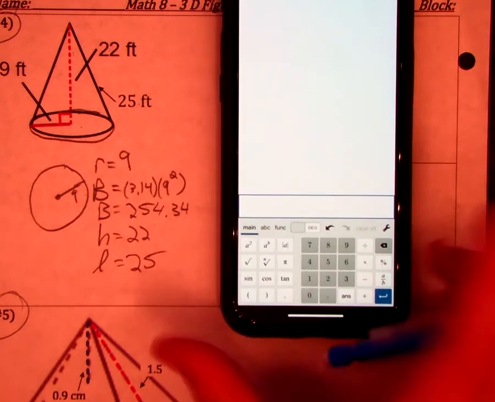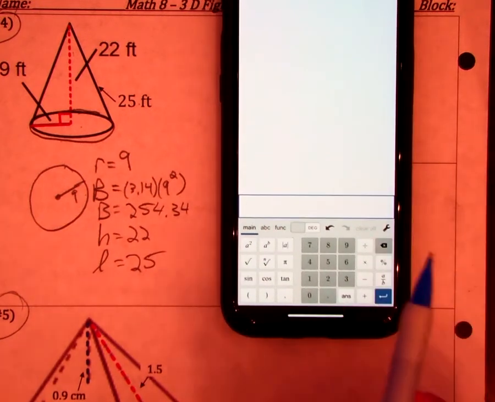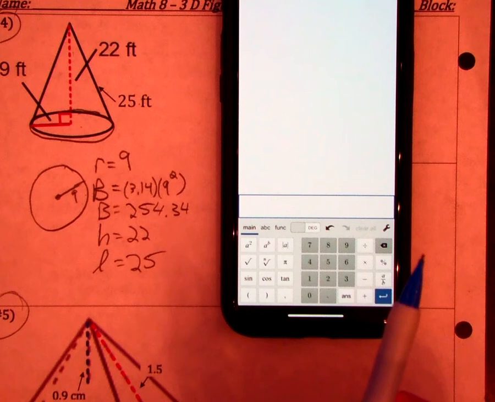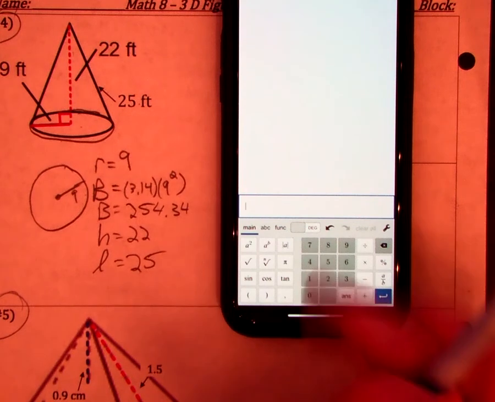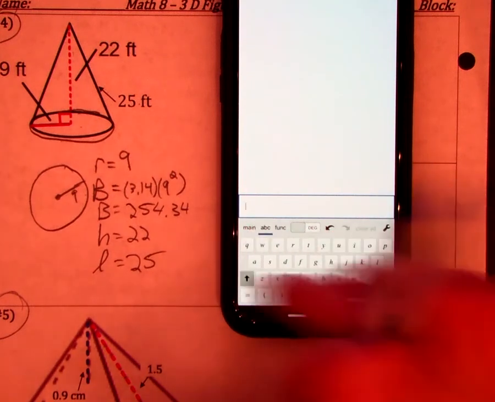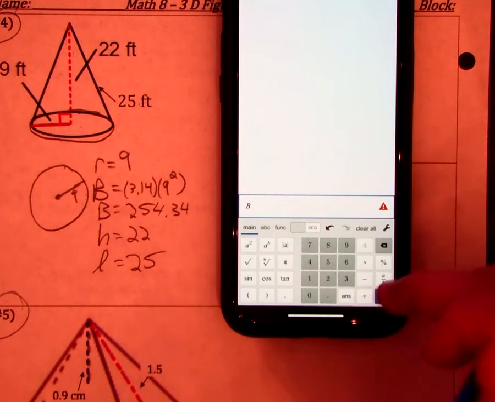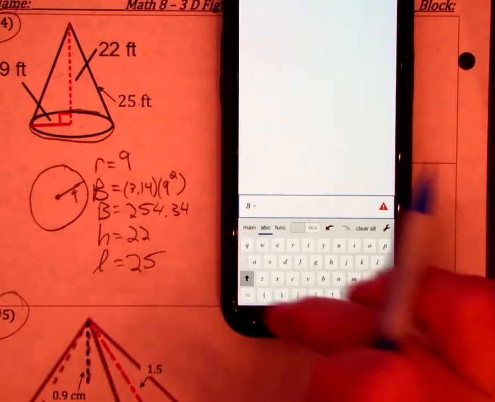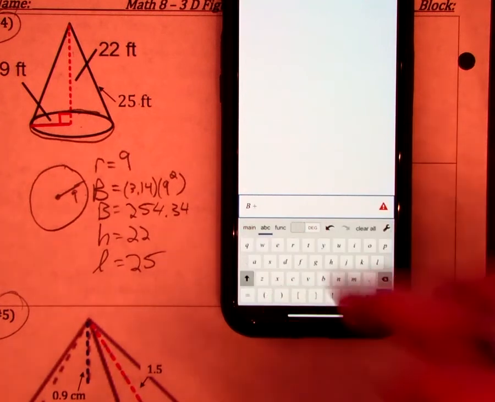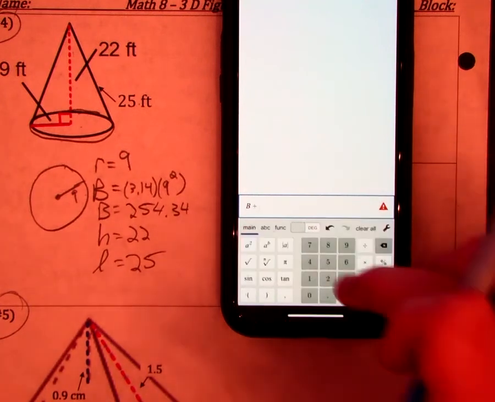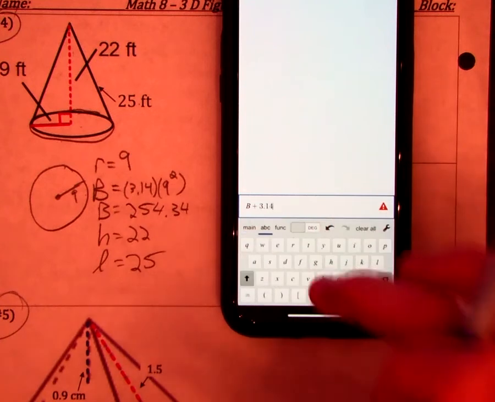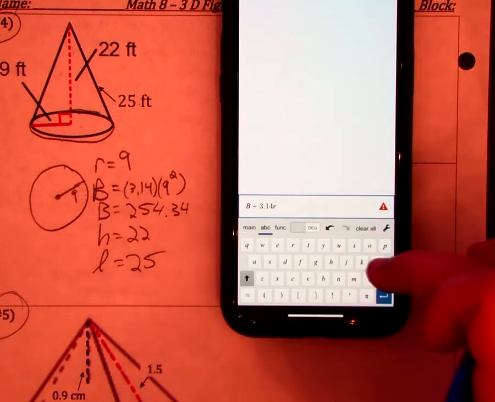Alright, so now for a cone, you want to be able to find the surface area first, and so we're going to have big B, or the area of the base, plus 3.14, which is pi, times the radius times the slant height.